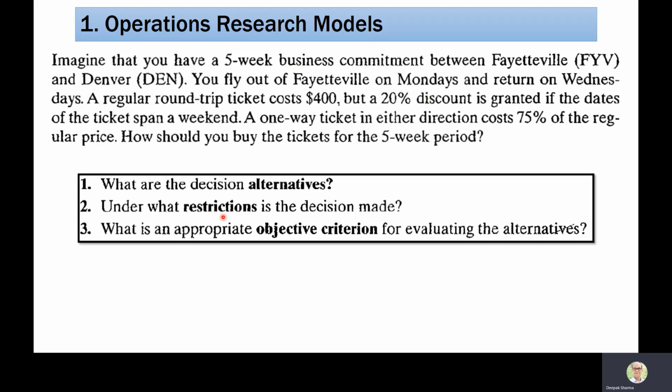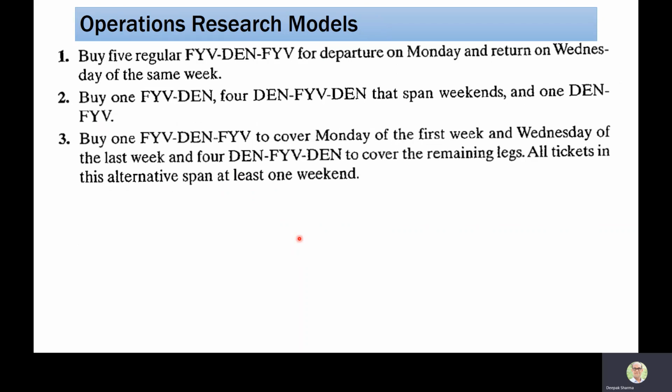So that is a restriction. I cannot just fly on any day. Similarly, if we have different alternatives, suppose we are going to buy different kinds of tickets, then I should have an appropriate objective criterion for evaluating those alternatives. I will be discussing these three in detail later.